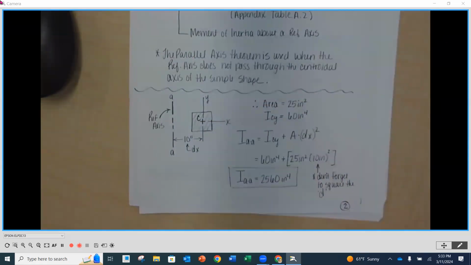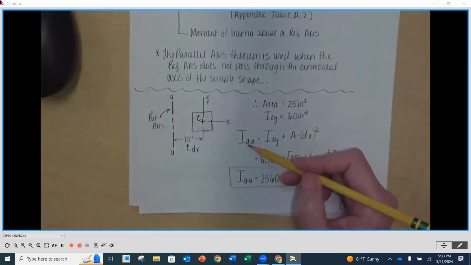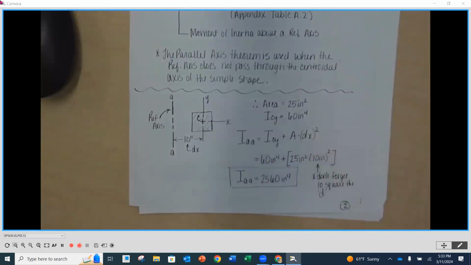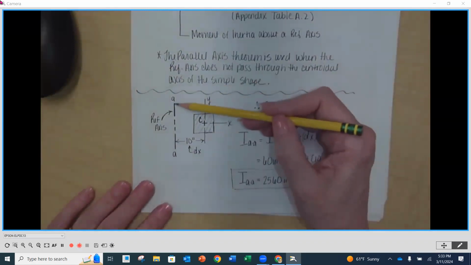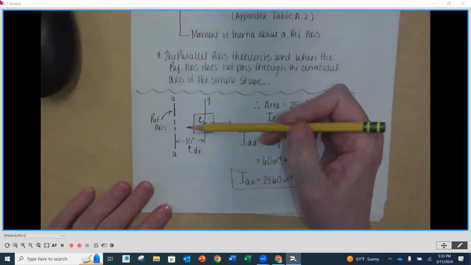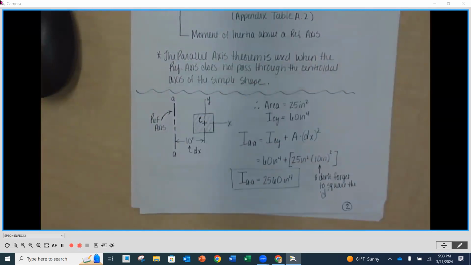And that reference axis is vertical. So when we want to find it about that axis, it's going to be equal to the moment of inertia about the centroidal y-axis for this shape. And it's the y-axis for this shape because it has to be parallel to the axis that we're summing around. So since our reference axis is vertical, the axis going through our center has to be vertical, which is the y-axis.